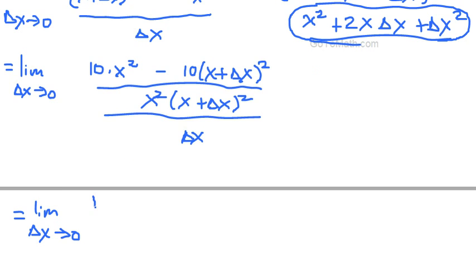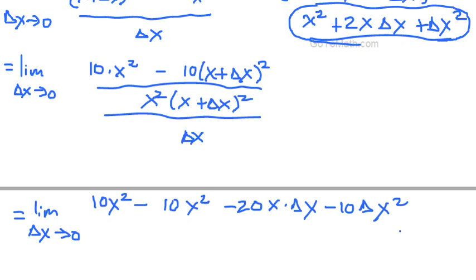So we have 10x squared minus 10 times x squared, and then negative 10 times this is going to be negative 20x times delta x, and then minus 10 times this guy right here is just going to be minus 10 delta x squared. So that's expanding this piece out right here.